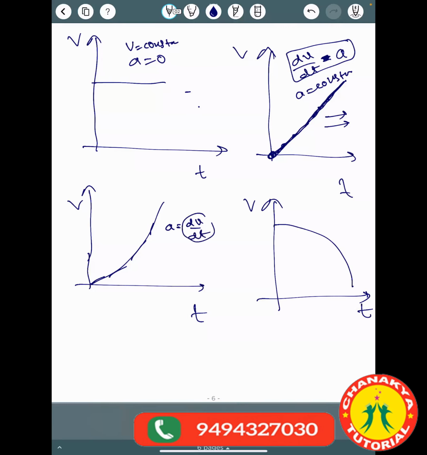This dv by dt is also changing. At any point, the slope of this graph is changing. So here A is also changing, correct? At any point, if I ask you what is the acceleration, you need to check what is the velocity at that time, and then you need to calculate what is the acceleration. Understood?